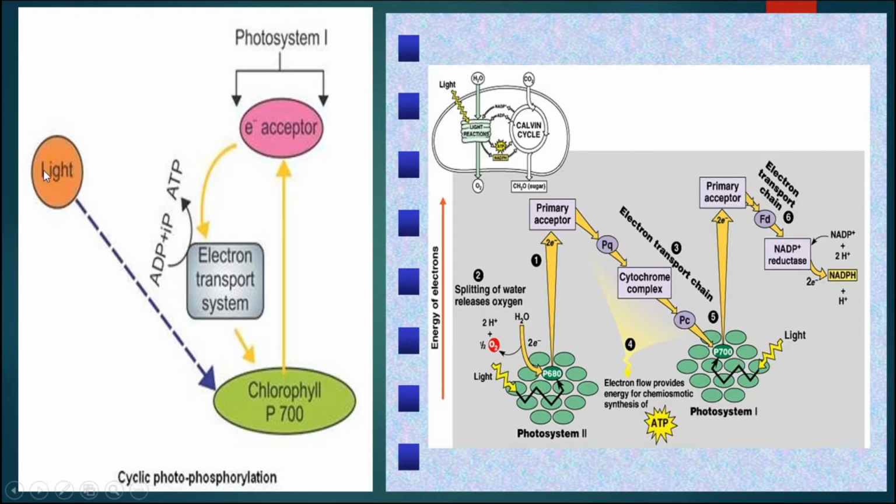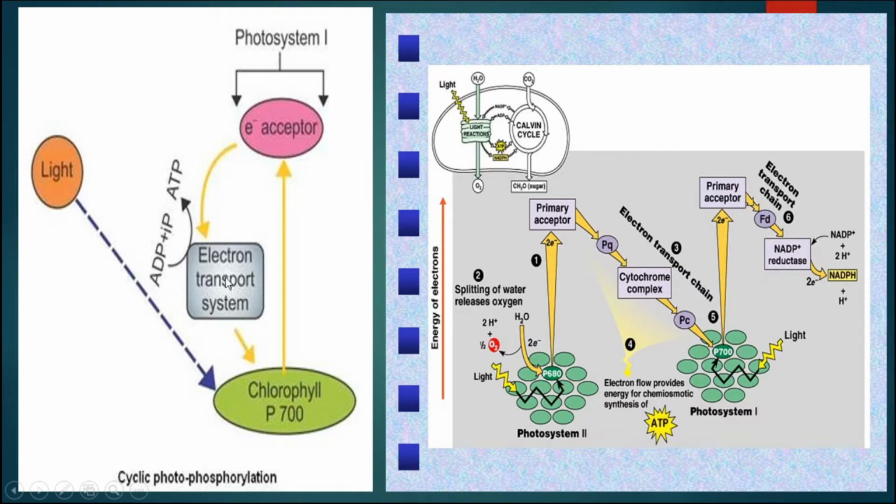Here we can see the sunlight is trapped by the reaction center chlorophyll P700, and it becomes excited and the electron is emitted. This is accepted by the primary electron acceptor, and then it will move through the electron transport system, consisting of different cytochromes, and finally the electron will come back to this reaction center P700.